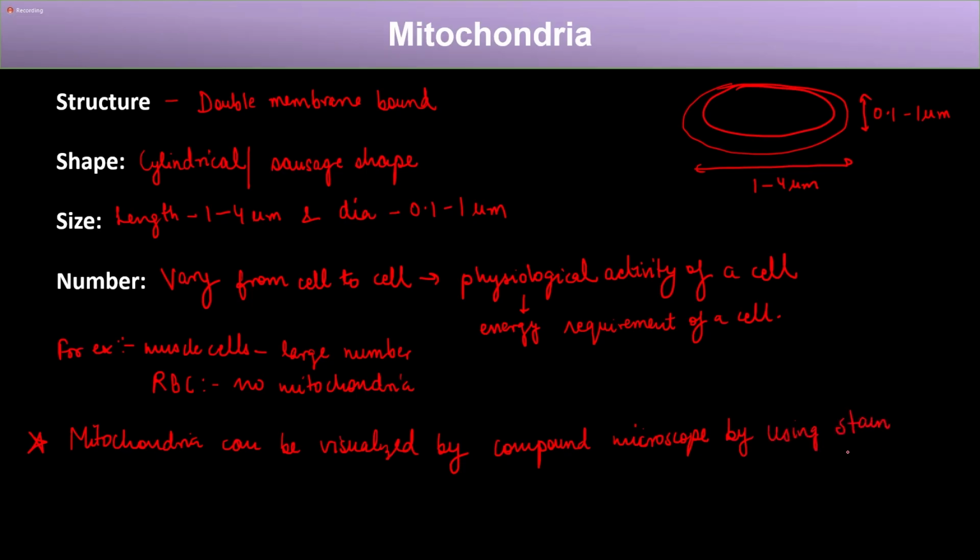The stain that is used to see a mitochondria is known as Janus stain. So if you want to see a mitochondria, you have to use a compound microscope and stain it with the Janus stain.